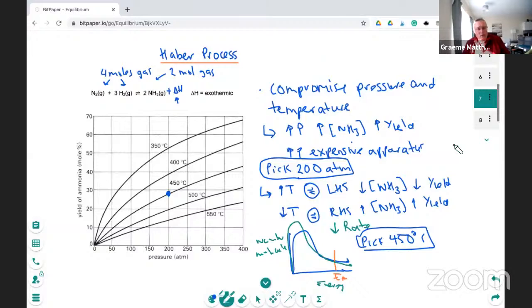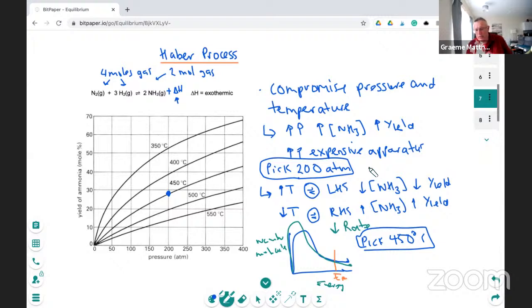Or if you increase the temperature too much, well, then what happens is, yes, you increase the rate, but the yield goes down. And so again, you see chemistry, this temperature one always seems to be with us during this entire lesson, doesn't it? So on this one, make sure that you understand that if you lower the temperature, you increase the yield, true.